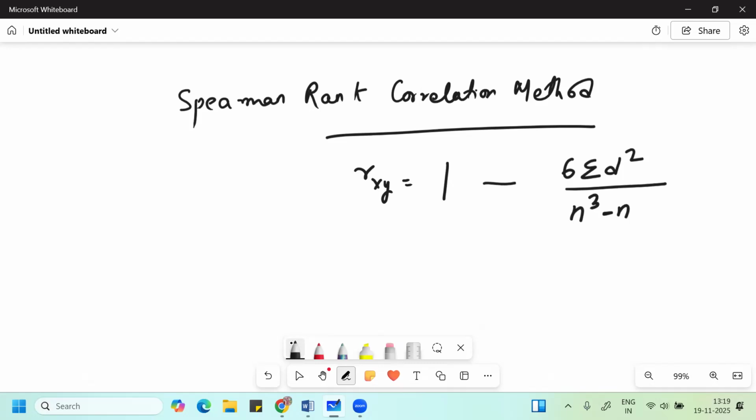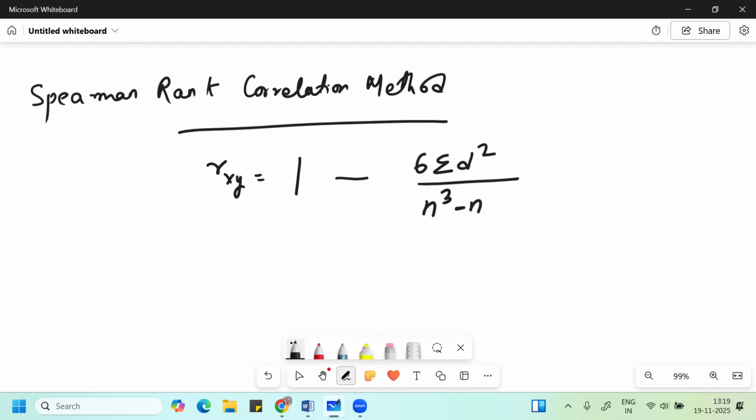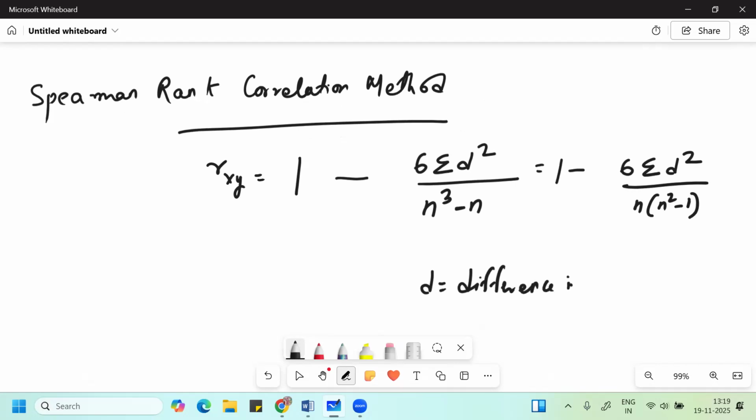In some textbooks, they write the formula as 1 minus 6 sum of d square by n into n square minus 1. Here d is called the difference in rank.